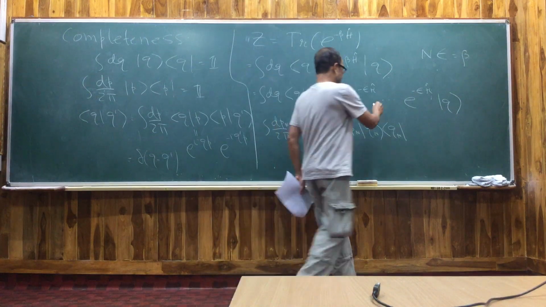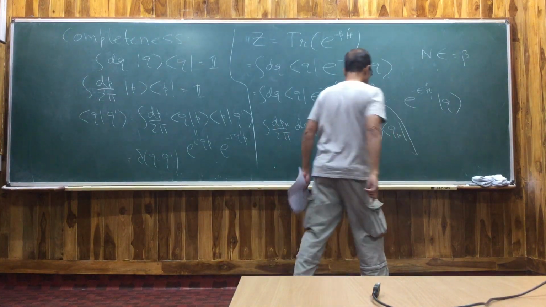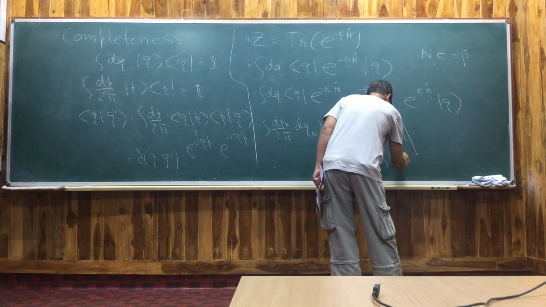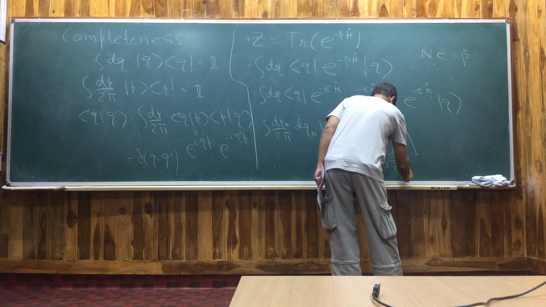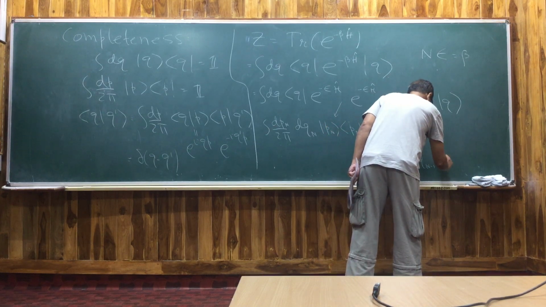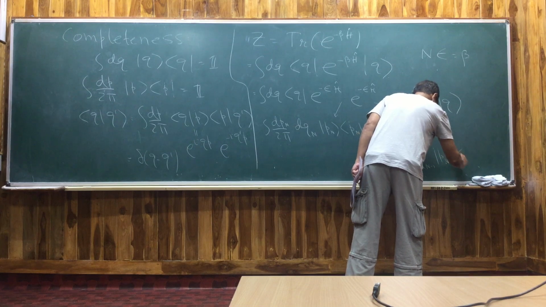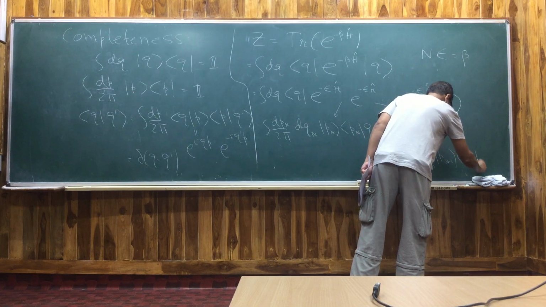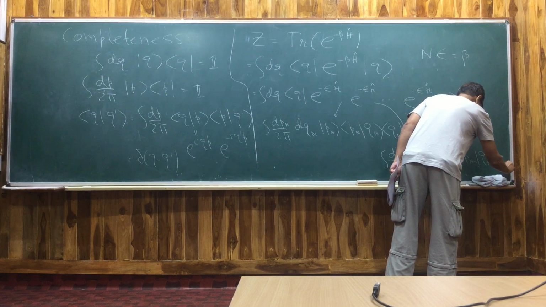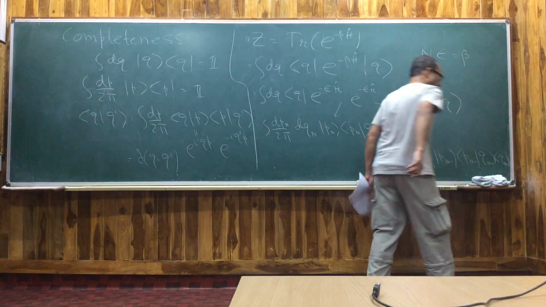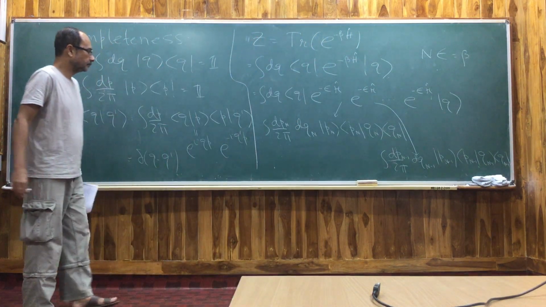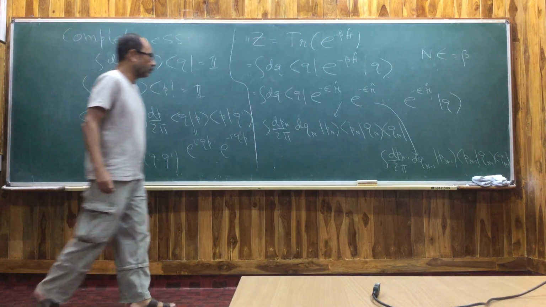And similarly, we do it here: we put the integral dp_{n-1} by 2 pi, dq_{n-1}, and so on. It goes all the way here.